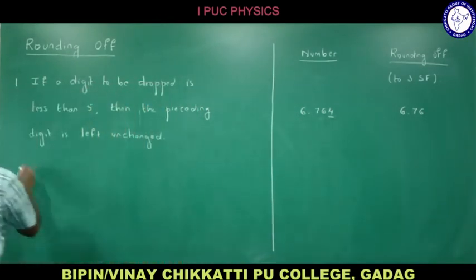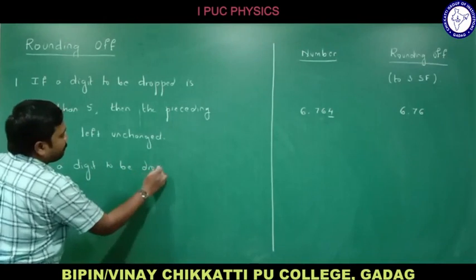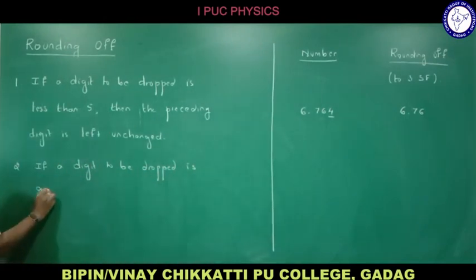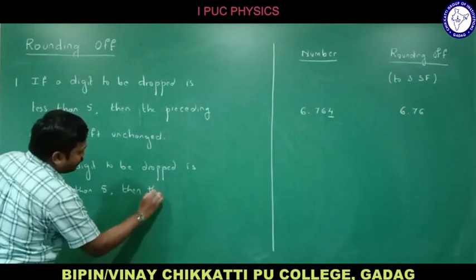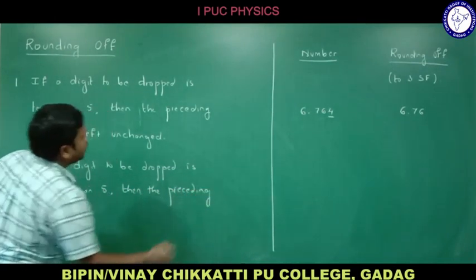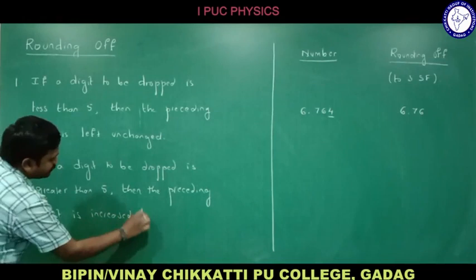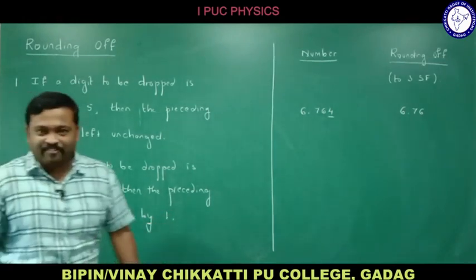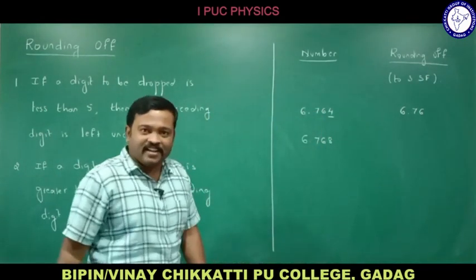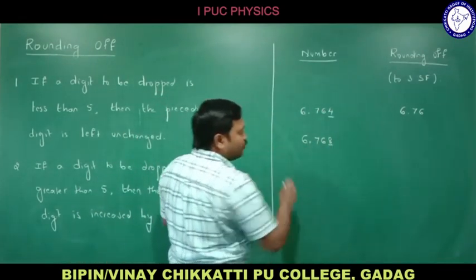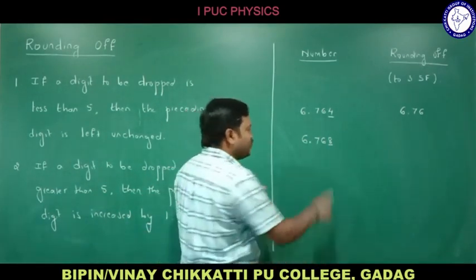The second rule says that if a digit to be dropped is greater than 5, then the preceding digit is increased by 1, or raised by 1. For example, 6.768. I need to round off to 3 significant figures, so I need to remove this digit, which is to be dropped.